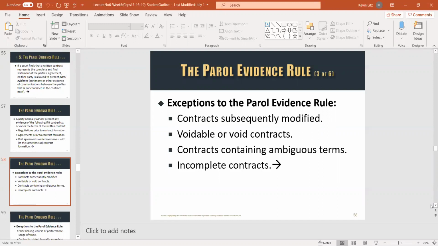Ambiguous terms, the judge has to look outside the contract because it's ambiguous. So we have, what did the parties mean? Let's take some testimony. Did they write letters to each other saying this is what they understood that to mean, et cetera, et cetera. The complete contract, same thing. Yeah, there's a contract, but it really doesn't address everything in the transaction.